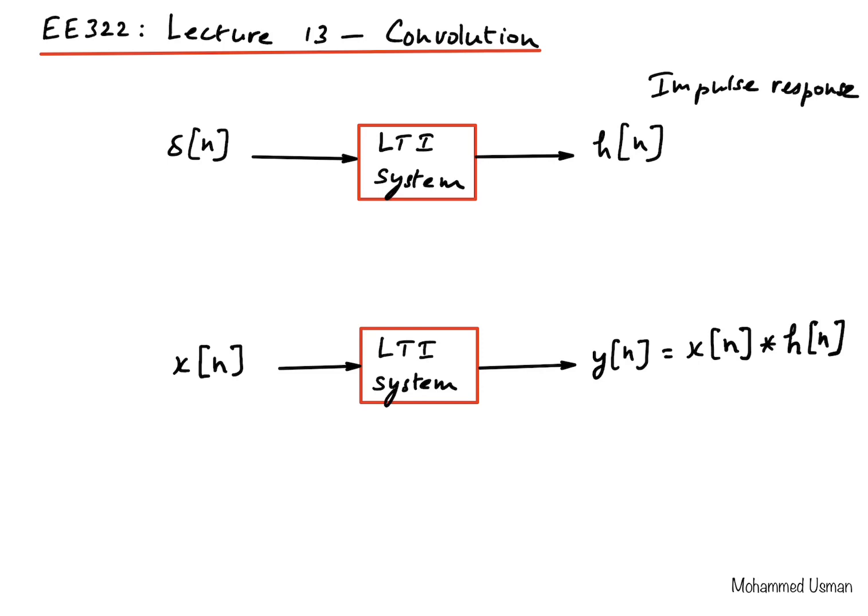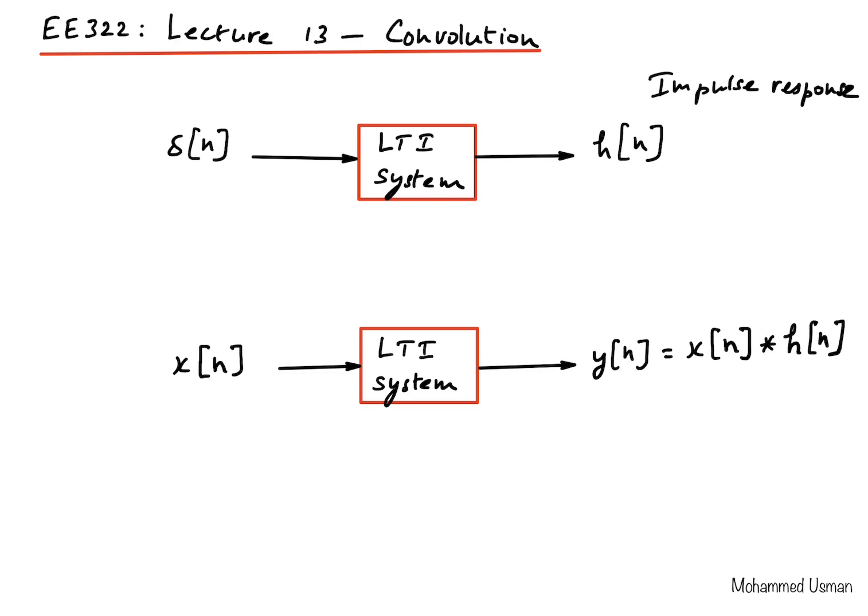Now, if we know the impulse response of the system h of n, then we can find the output of that system to any input x of n. For any arbitrary input x of n, we can find the output y of n as the convolution between the input x of n and the impulse response h of n.